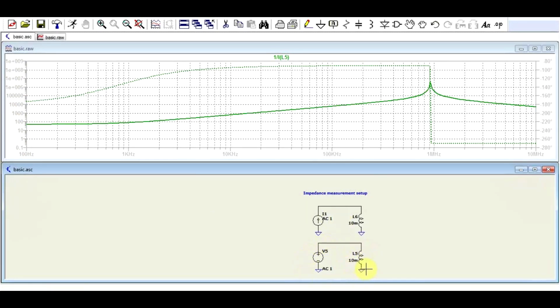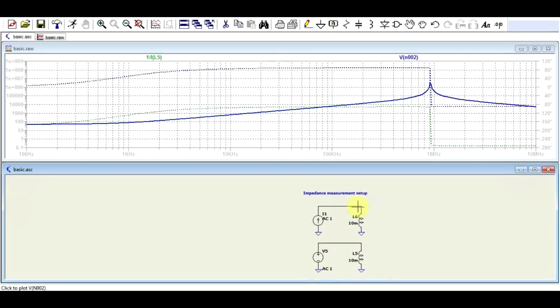And if you don't like to work with voltage sources, you can work with current sources and measure directly the voltage. So this will give you exactly the same result, because now you're dividing the variable voltage by the fixed current of 1. So either way will be good to measure the impedance. So let's move on.